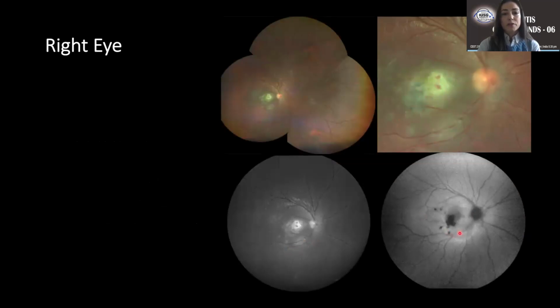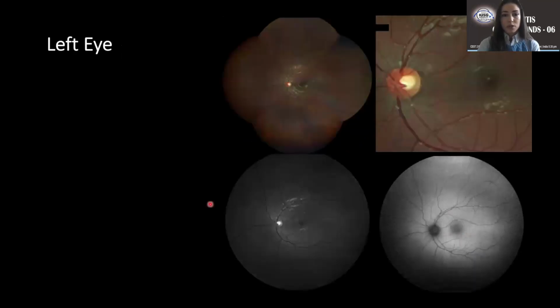And here on the fundus autofluorescence, he showed hypoautofluorescent patches in the old scars and a mild hypoautofluorescence in the active lesion with some hyperautofluorescence in the posterior pole, likely due to subretinal fluid.